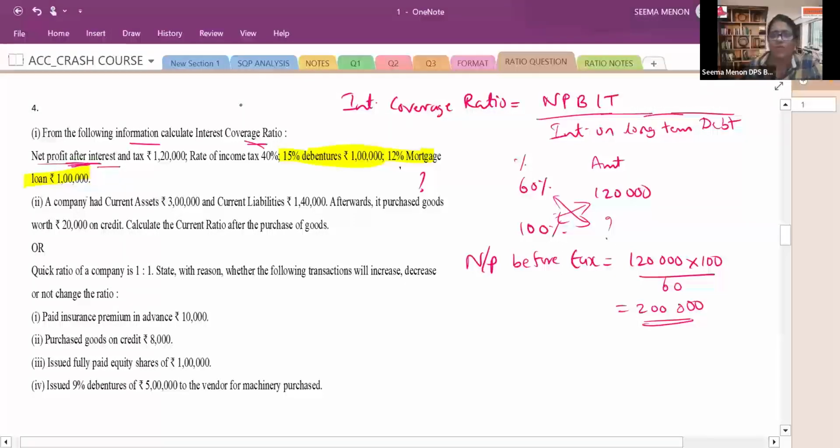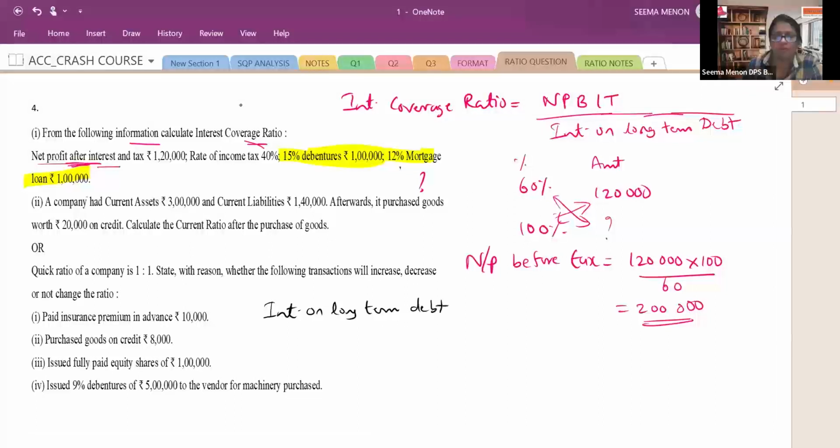So first of all, let's find out interest on loan. Interest on long-term debt, let's see how to do. First one is what? 15% on 1 lakh. So you will find out 1 lakh into 15%. That will become how much?